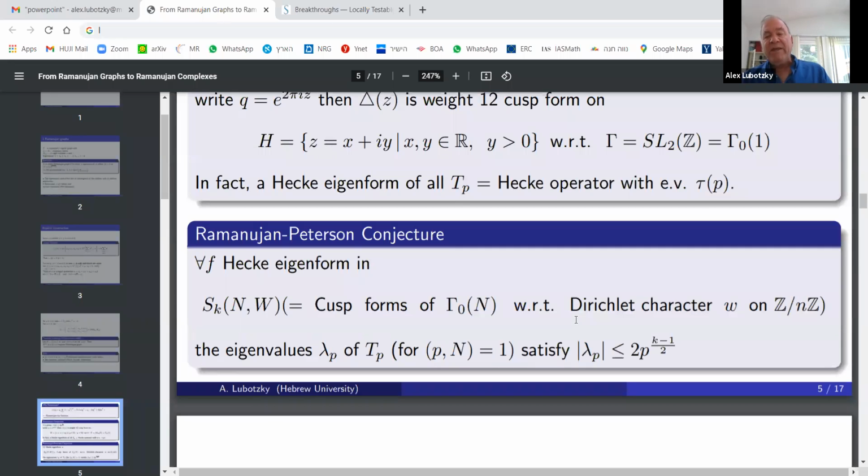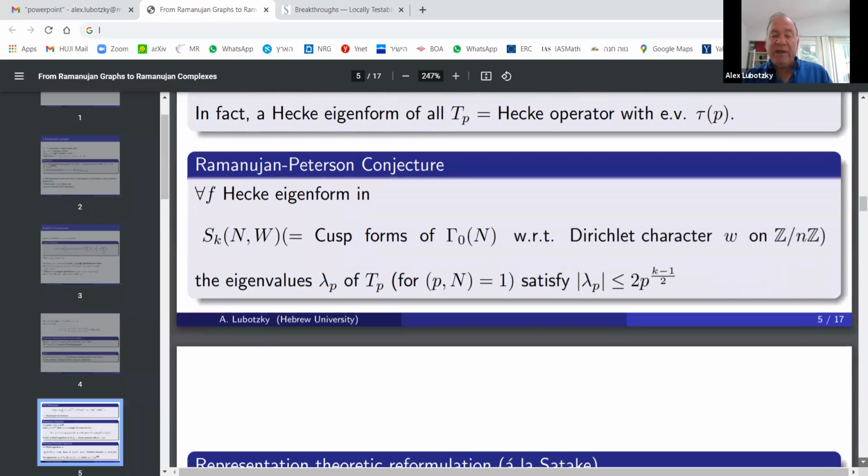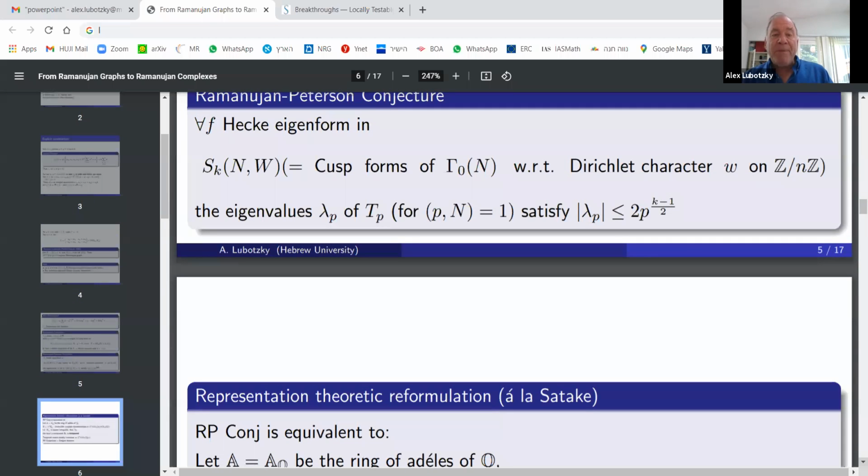I just want to give the historical story, with some Dirichlet character W. Then the eigenvalues satisfy lambda p is less than 2p to the (k minus 1) over 2. And in our special case, k was 12, so k minus 1 is 11. This is the 11 over 2. So this is the Ramanujan-Petersson conjecture.